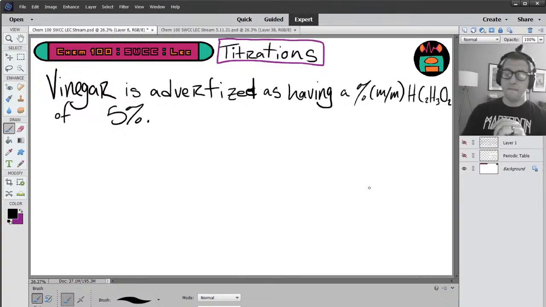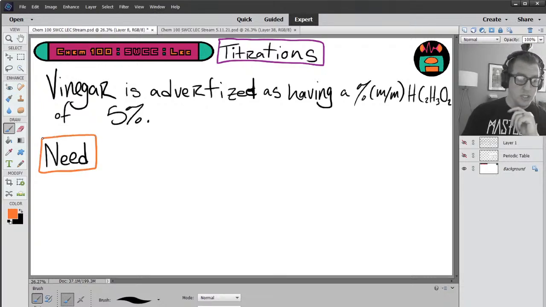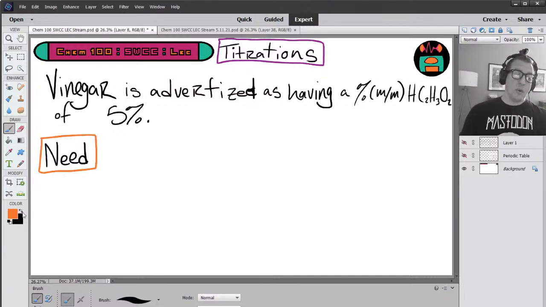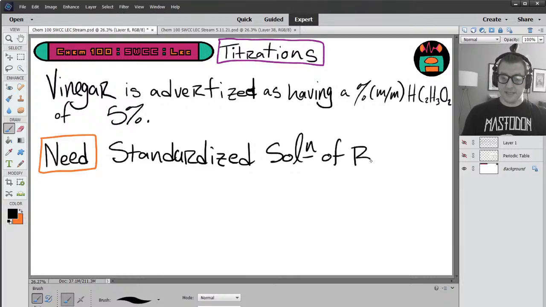All right. So here's the thing. If we are going to determine the concentration of acetic acid through titrations, then what we need is a standardized solution of base.